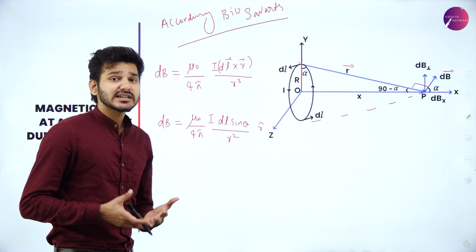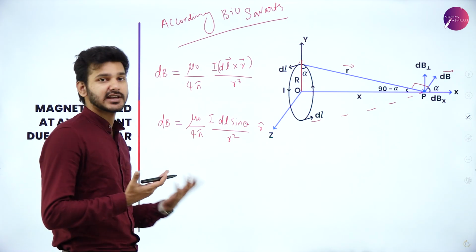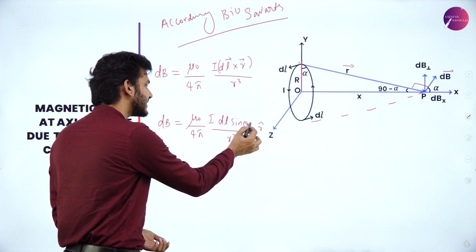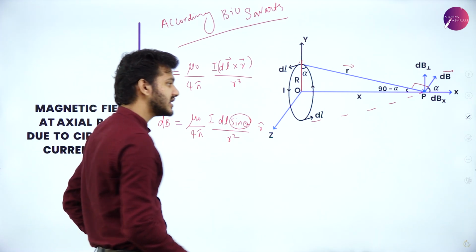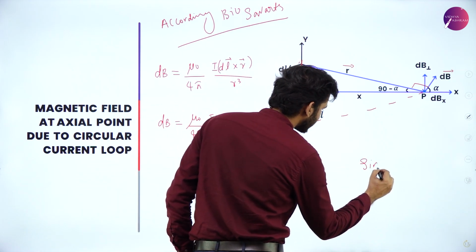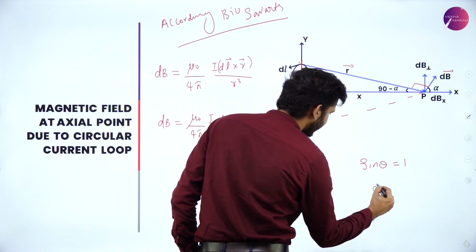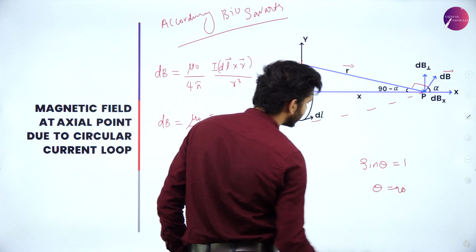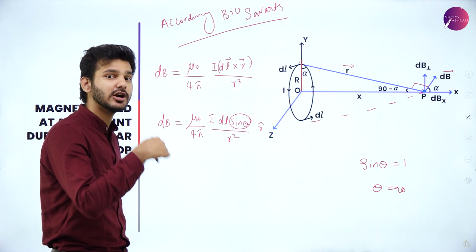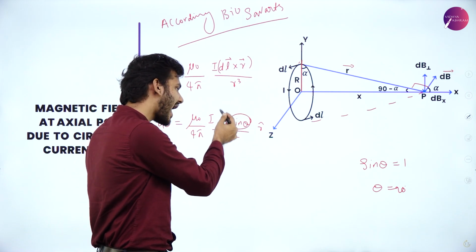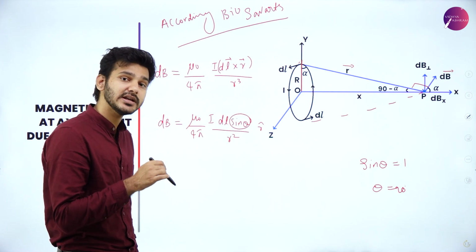To make this derivation easy for you, since I am very generous, I am going to take the sine theta term and make it 1. That is, sine theta will be equal to 1 when theta is equal to 90 degrees. That is, dl and the position vector r are perpendicular to each other.